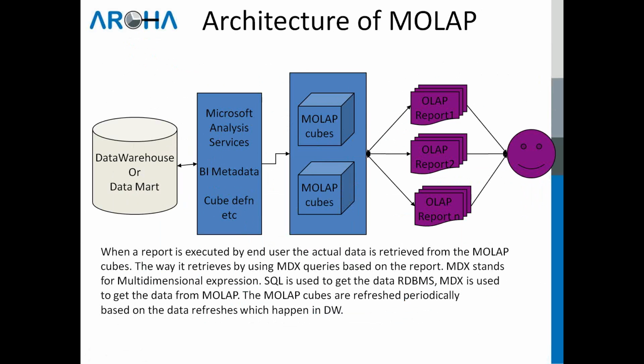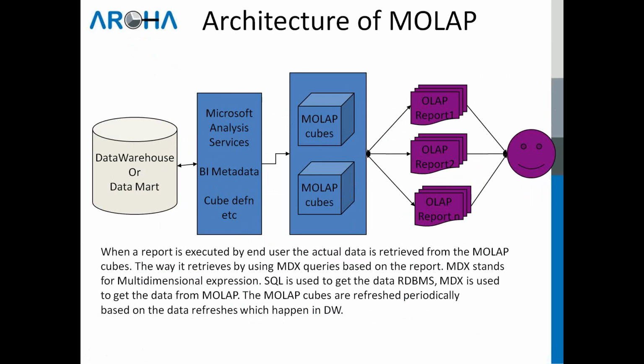If you see in your company you have cubes, you can consider that cube as a data mart. So then, what is in between the data warehouse and the MOLAP cubes in Microsoft Analysis Services? See, we talked about it yesterday. In a data warehouse, say you have 5 years of raw data available in your tables.